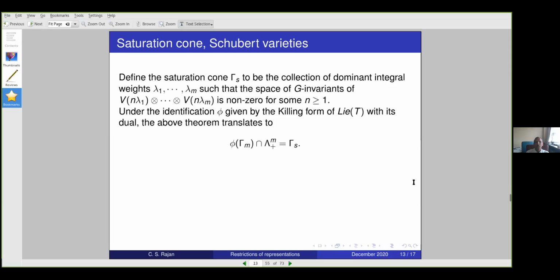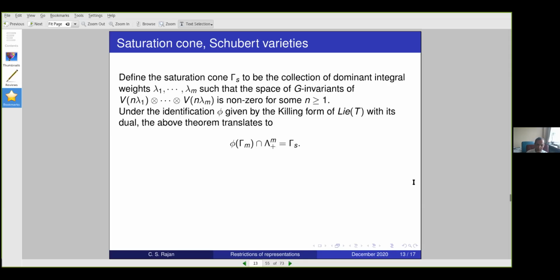So what the previous theorem translates to here is that the eigencone sits inside the Lie algebra of the diagonal torus T, and via the Killing form you can identify T star, and the weight lattice sits inside that, the powers of that.